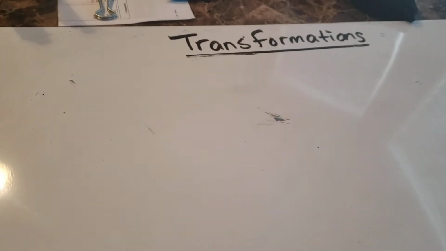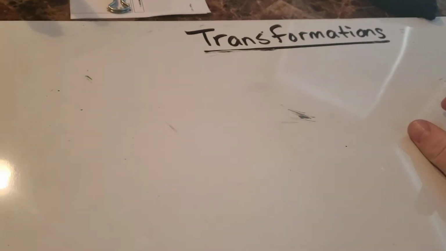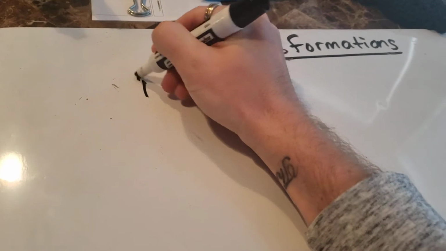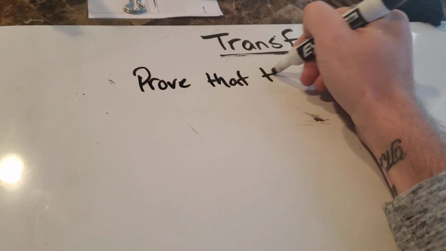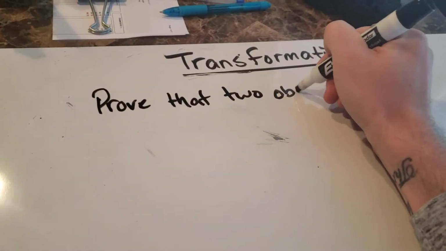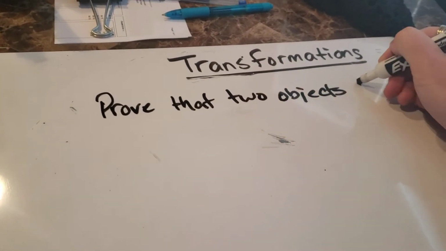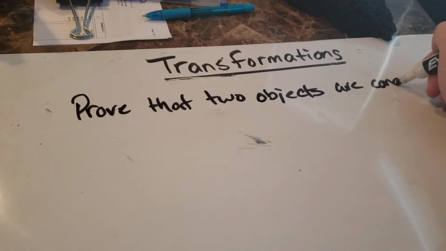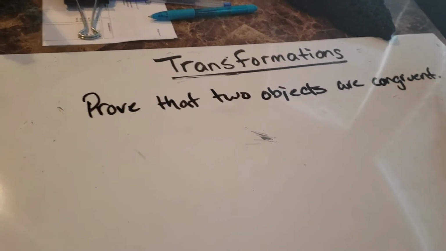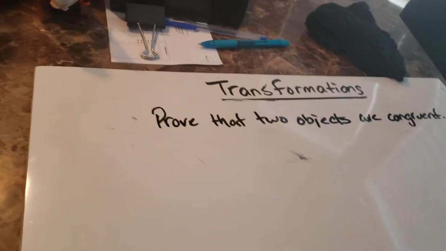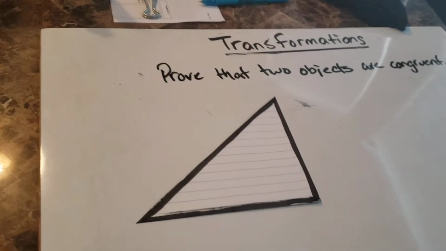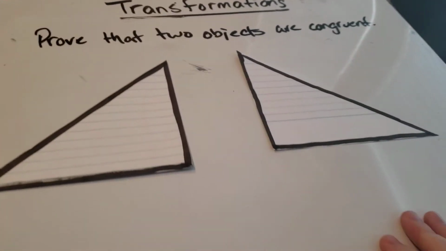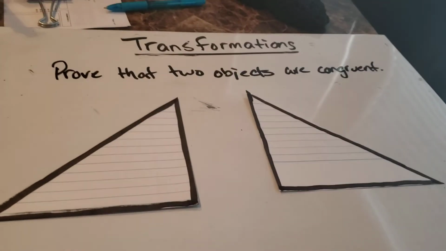And in math, we use transformations to prove that two or more objects are congruent. Remember that congruent means that they're the exact same. So we're just going to start with two triangles that may or may not look congruent, right?